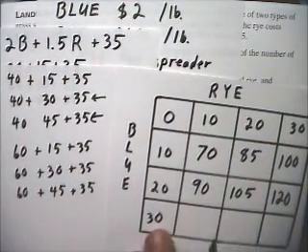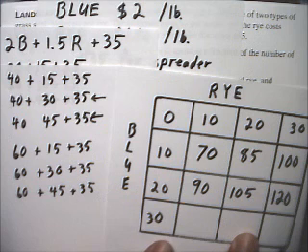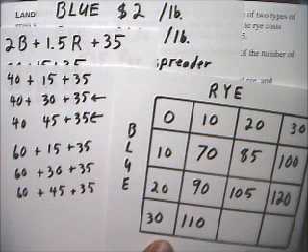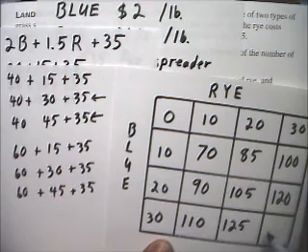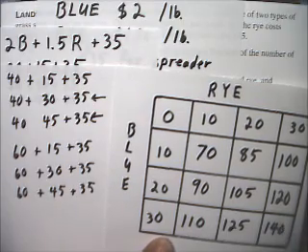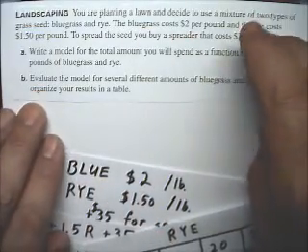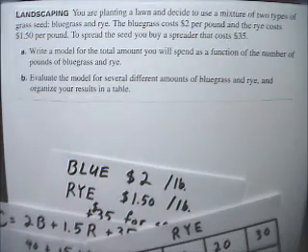Okay, and figuring those out for this line, we would end up with 110, 125, and 140. And let's see if we answered all the questions. Yep, did it all.